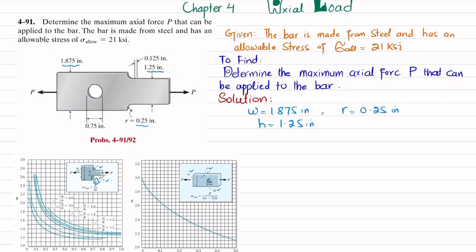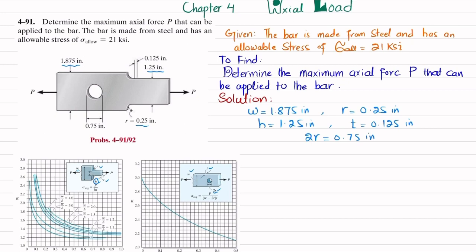And one more thing, the thickness is 0.125 inch. And what about 2R, which is the diameter? You can see 2R is 0.75 inch. So we know all these things.